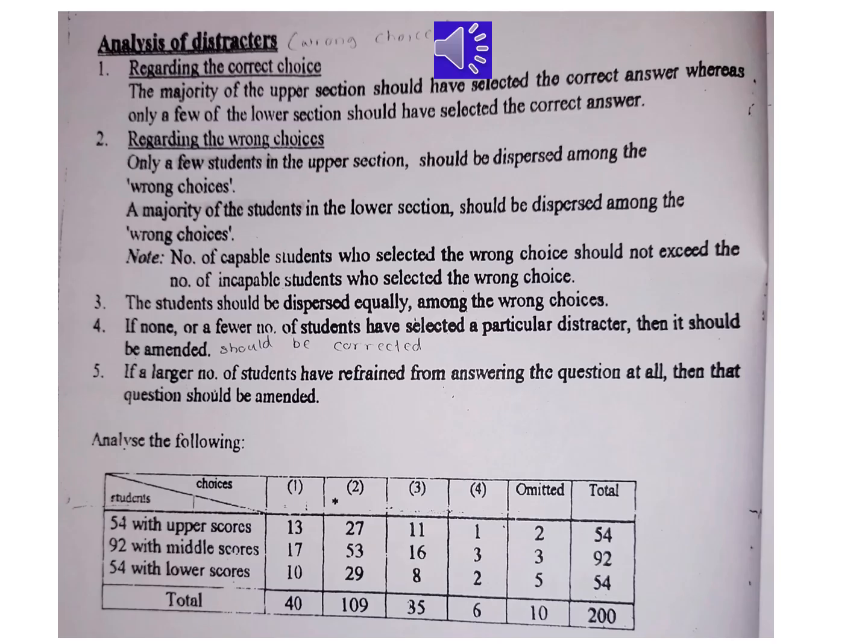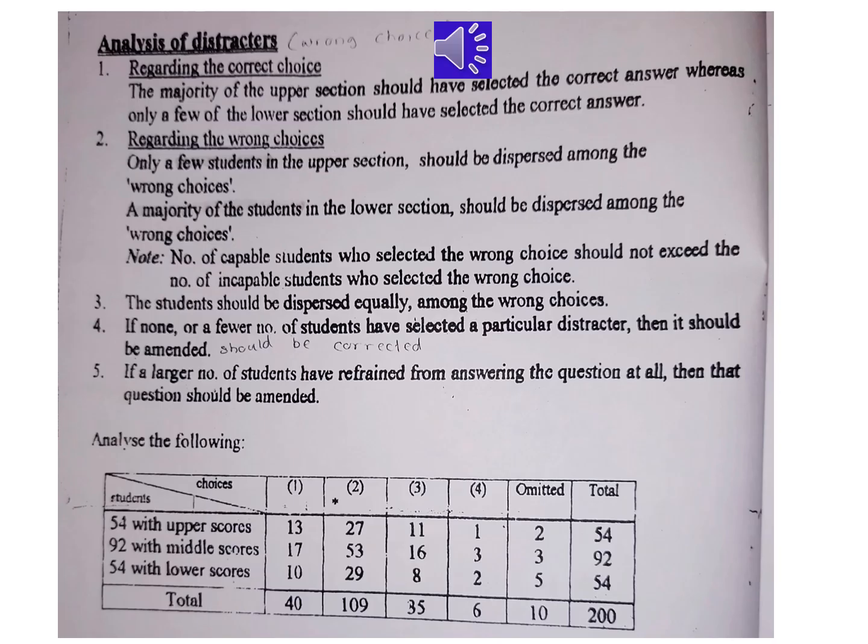So it is not possible. Something is wrong here. That's the way you will have to analyze. You have to say it is not possible. The item should be amended. Something is wrong with the choice there. Now we'll go to the wrong choices or the distractors. That is the choice number 1, 3, 4.